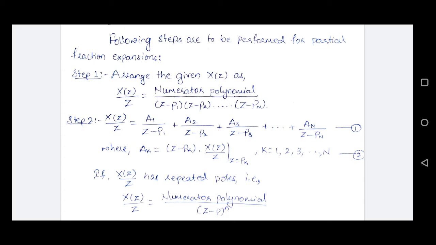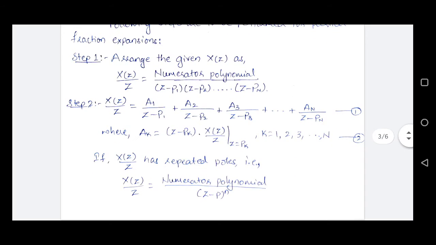This depends on the number of poles that we get, where each residue will be obtained by multiplying the factor associated with the pole by X(z) divided by z, where z is equal to the pole p_k. So A_k will be (z minus p_k) times X(z) divided by z, evaluated at z equals p_k, and k depends on the number of poles.